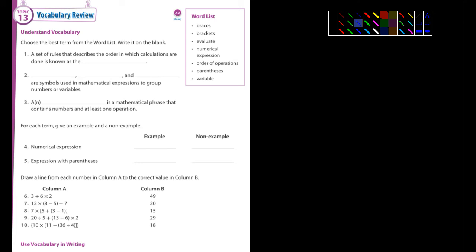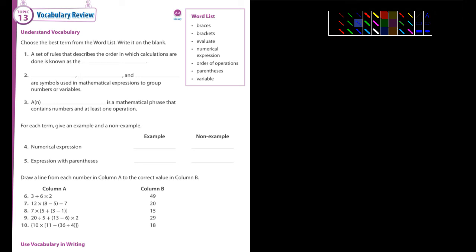So, vocabulary review. It says choose the best term from the word list, write it on the blank. So number 3 actually is 2 words, a, and then it says in parentheses that little n, that means it's a noun, is a mathematical phrase that contains numbers and at least one operation.